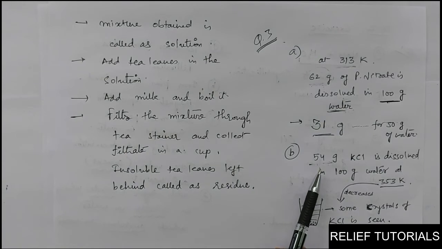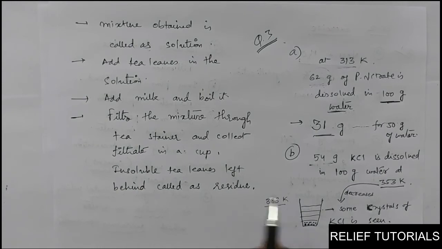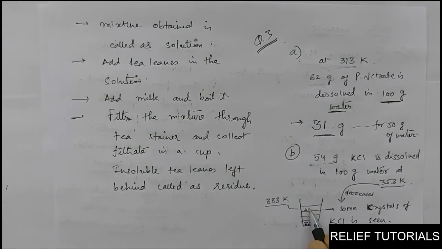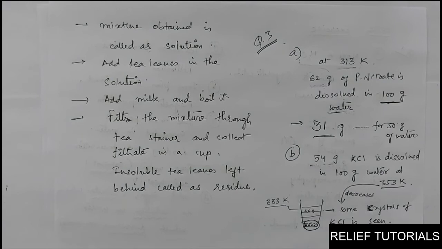Let us assume that the temperature decreases to 333 Kelvin. At 333 Kelvin, the table says 46 gram of KCl can be dissolved. So the remaining 54 minus 46, that means 8 gram of KCl, crystallizes out. This way.